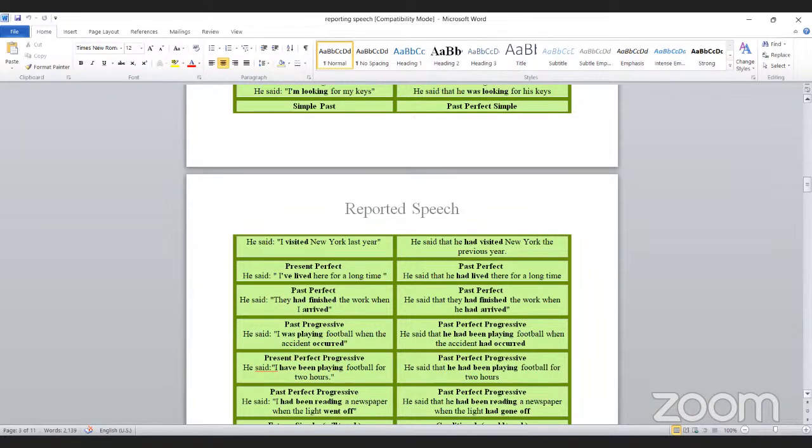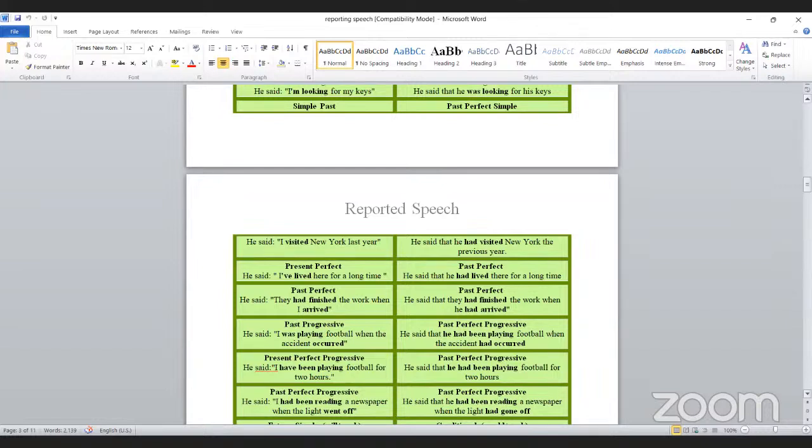The last word, occurred, is in past, so we need to turn that into past perfect. That's why I have used had occurred.